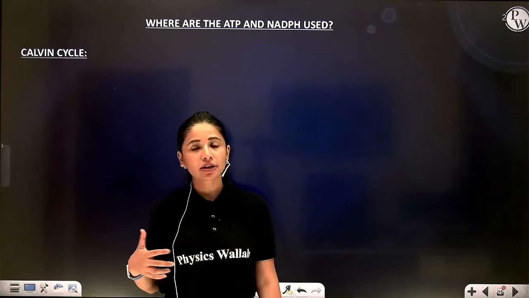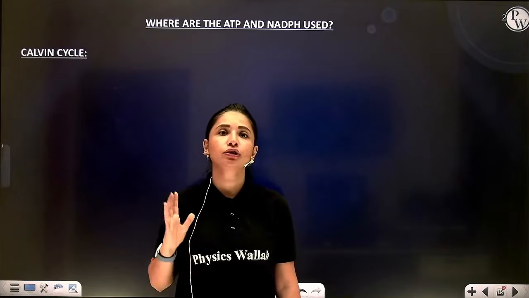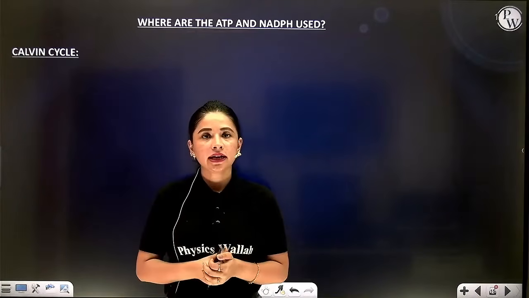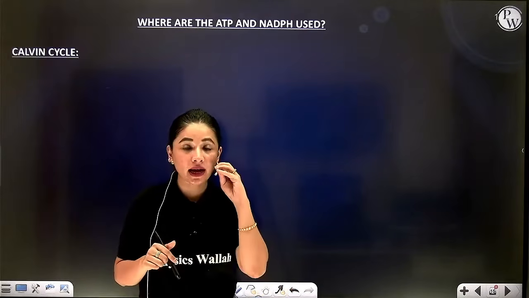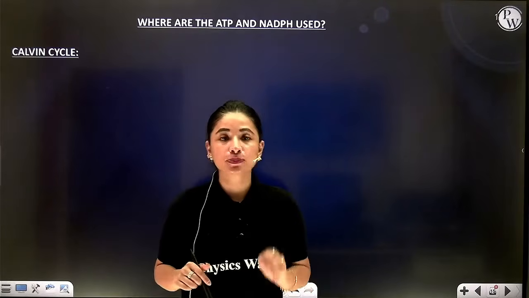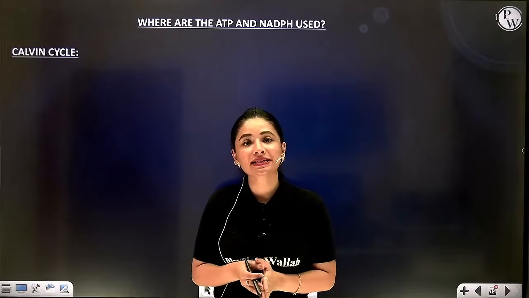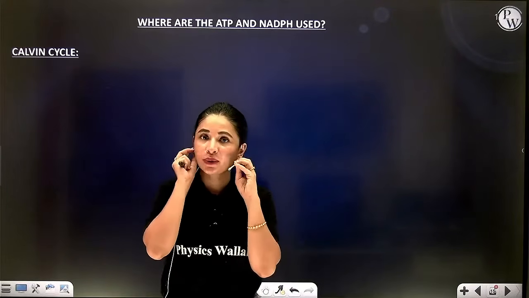And dark reaction, this biochemical phase, takes place in the stroma of the chloroplast. Now we are going to see how the end products of light reaction are used in the stroma of the chloroplast for glucose production. The mechanism of glucose production was explained by scientist Melvin Calvin along with his co-workers.